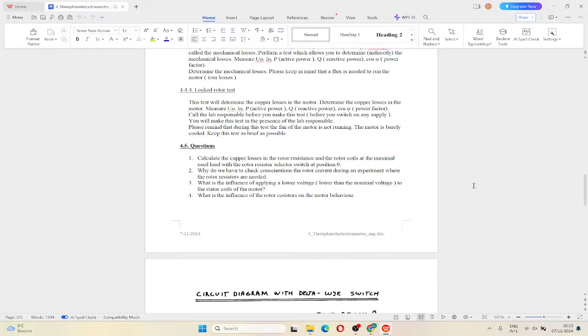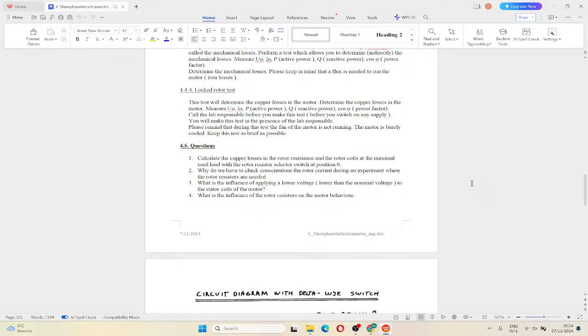So we need to do two tests. The first one is about iron loss and the other is about the friction loss. So we need to run two tests. The first one is to measure this, and the second one is to measure that.